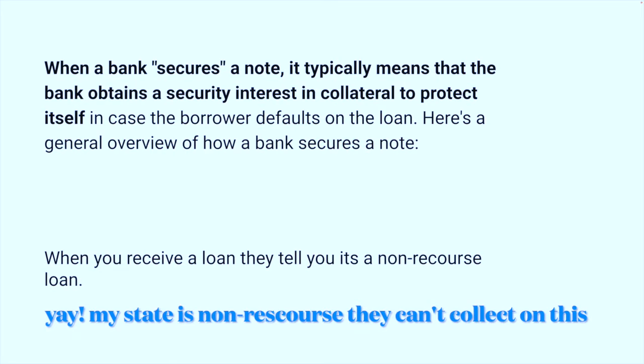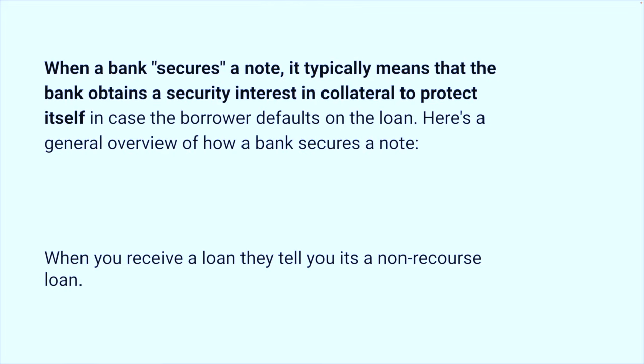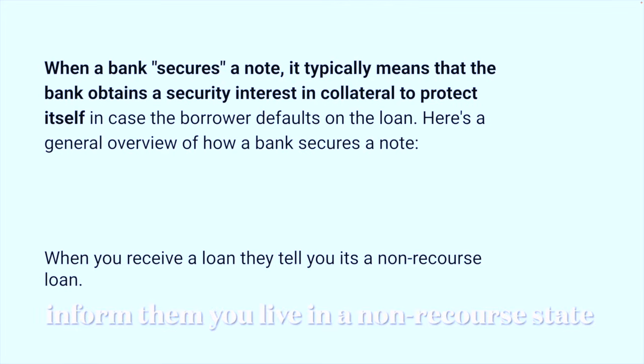If someone's saying that you need to pay something, especially on mortgages, if you're having an issue with a mortgage, that is a good thing. If you are in a non-recourse state, you can reply to them and let them know that's your legal defense. That could be one of your legal defenses.